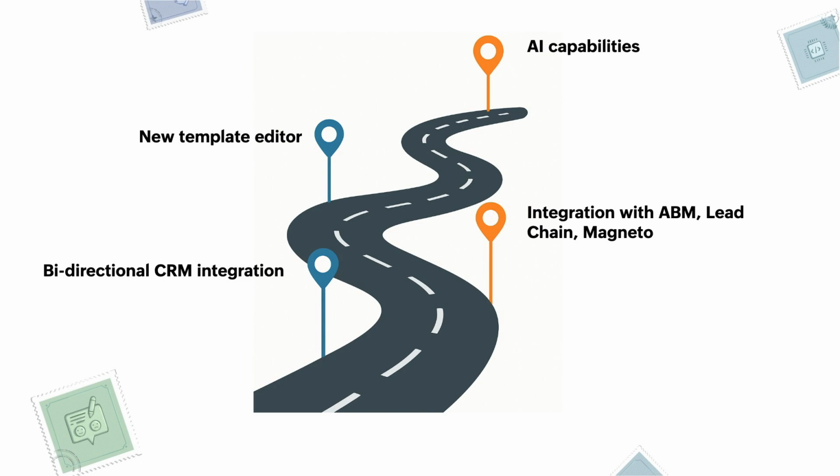So you can only fetch the CRM data from CRM to marketing automation. It's a one-way sync. And now what we are going to do is get a bidirectional sync. That means whatever data you have in marketing automation will also be synced back to Zoho CRM.